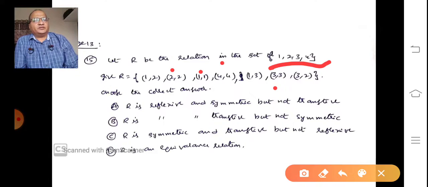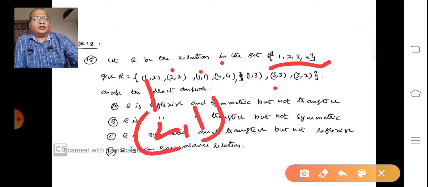Therefore it is reflexive. Next, (1,2), if you interchange, you will get (2,1). (2,1) is not there in R. Therefore we can say it is not symmetric.